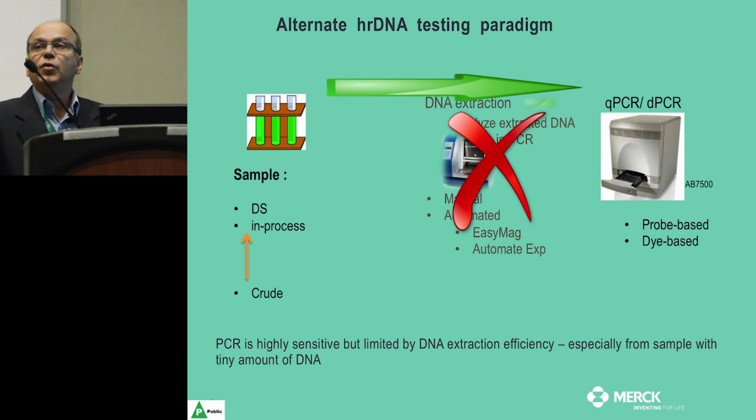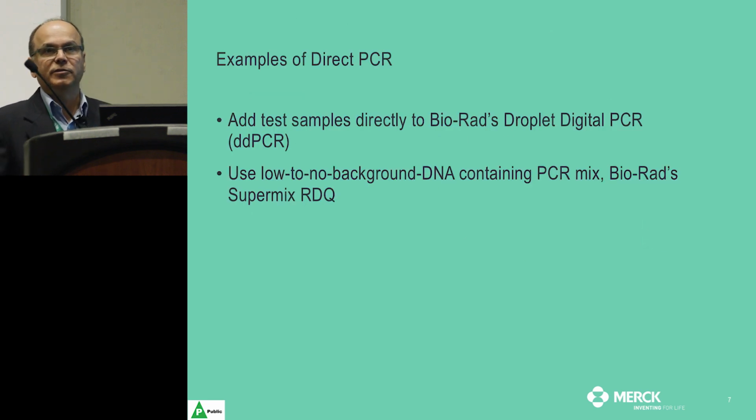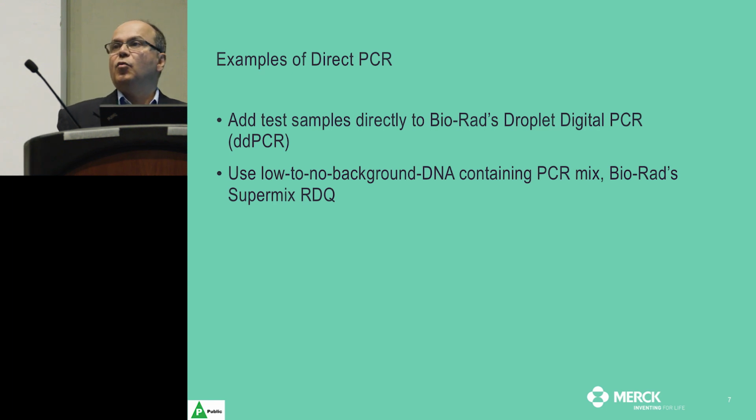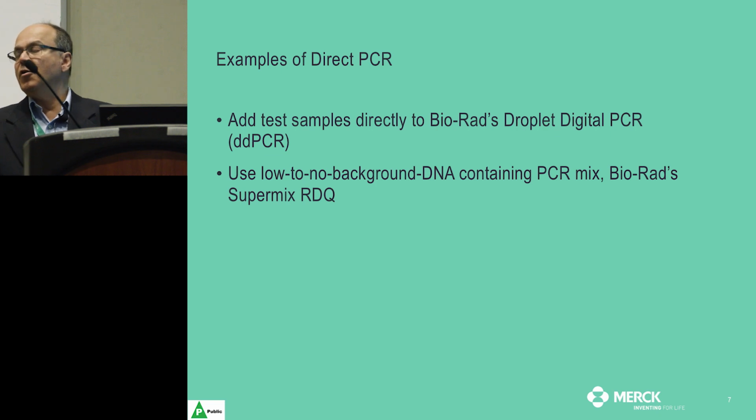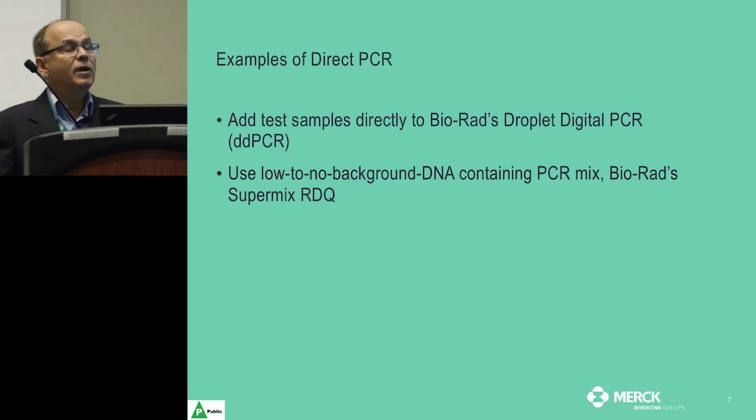Now, we had a long way in developing these methods to come to this stage, but it is possible, and we are showing a few examples of what we call direct method, where we are testing directly the in-process or drug substance in PCR, bypassing the DNA extraction step.